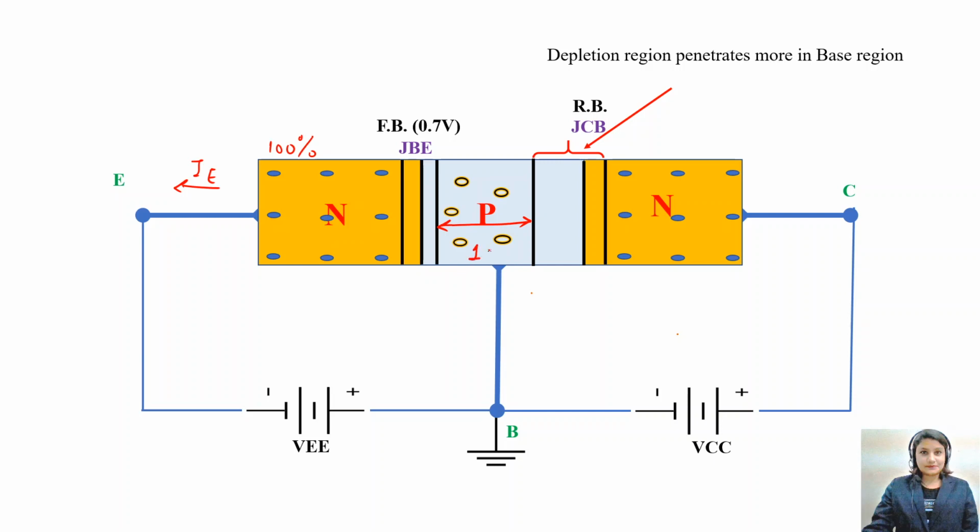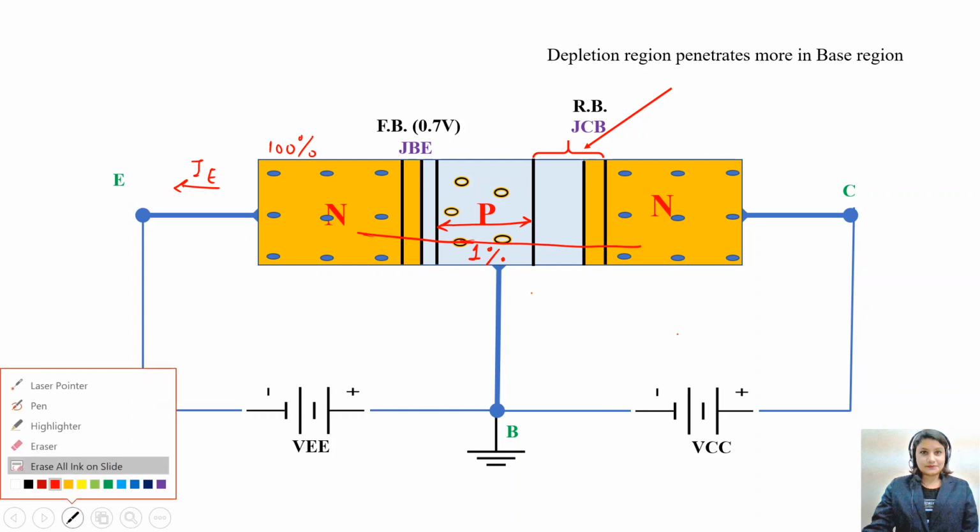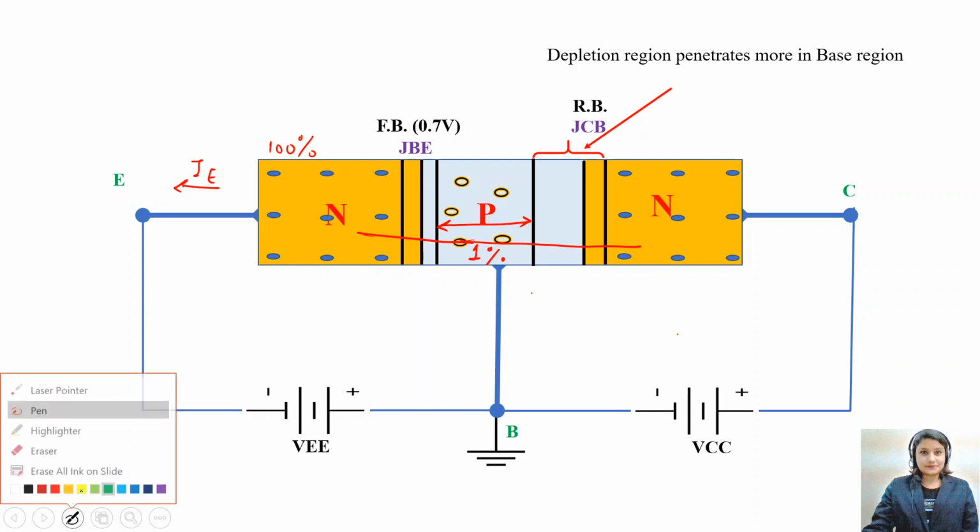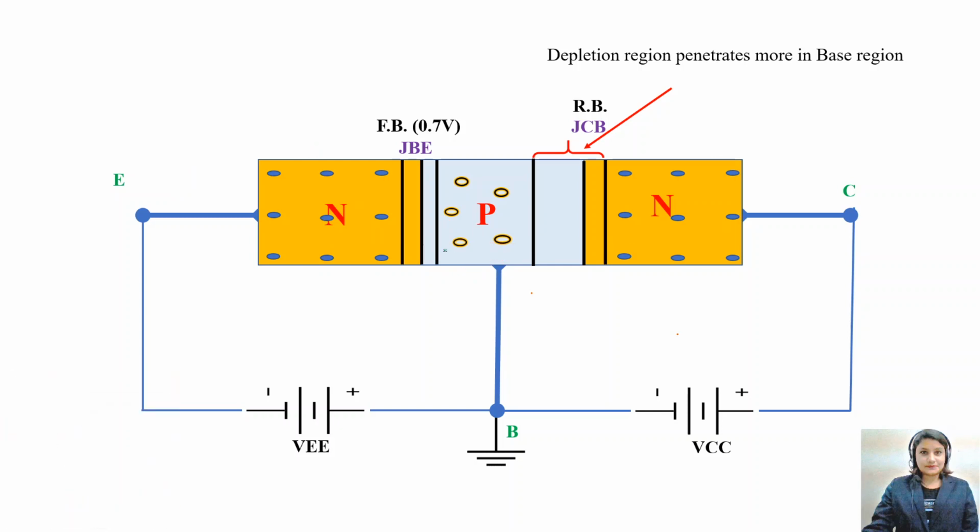I consider here only 1% are left, right? Very few electrons are recombining. So the recombination at the base will also reduce.